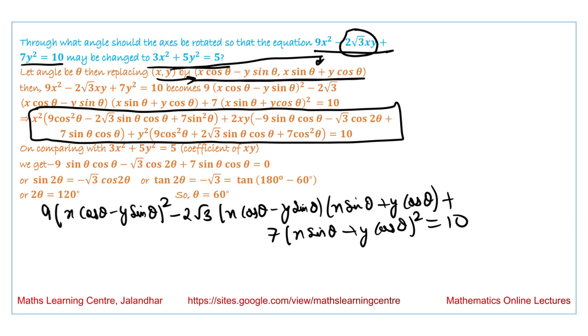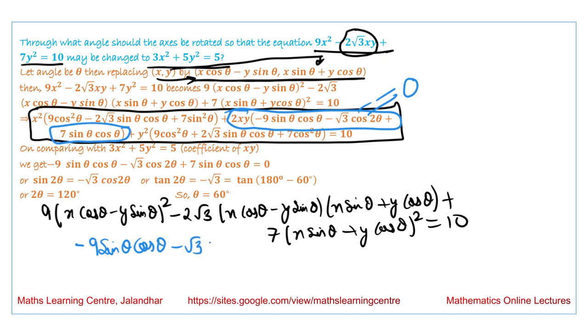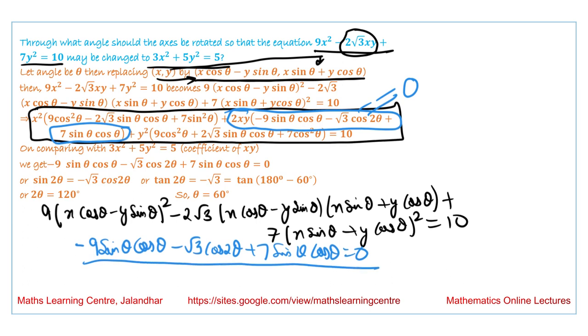Now, we want to make this equation free from the term containing xy. We have to equate the coefficient of this term to 0. So, what we get is minus 9 sin theta cos theta minus root 3 cos 2 theta plus 7 sin theta cos theta is equal to 0. If you solve this equation, you will get that tan 2 theta is equal to minus root 3.